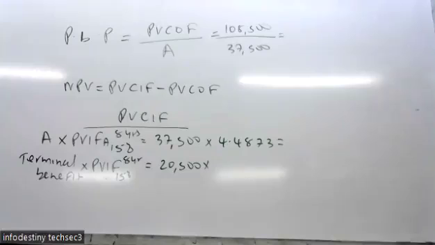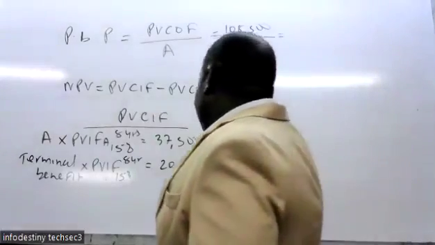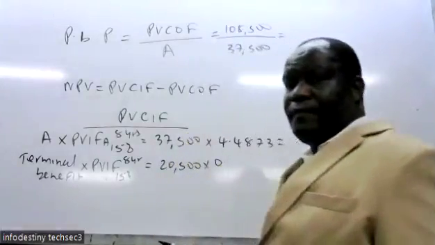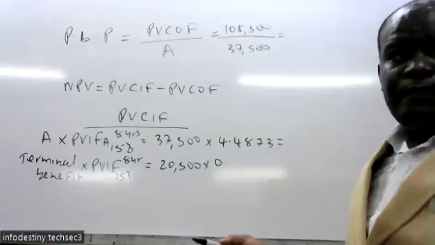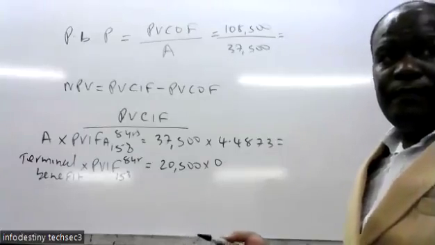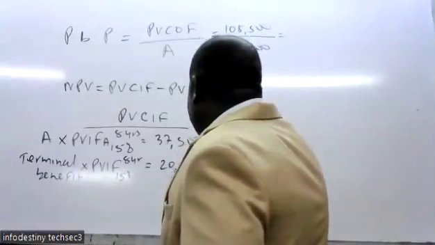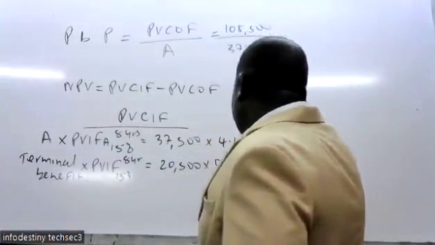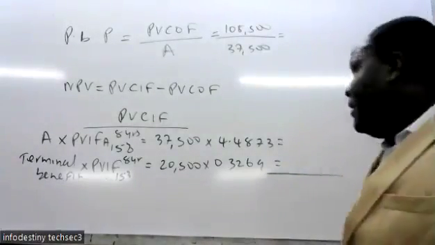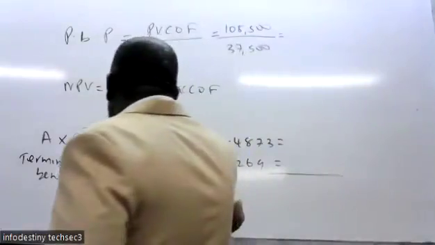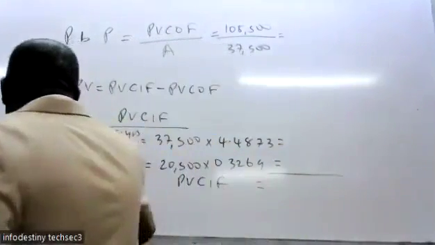So in the first table, it is 0.1. Yeah, so when you add those two figures together, that is what will give you the present value of the cash inflows.